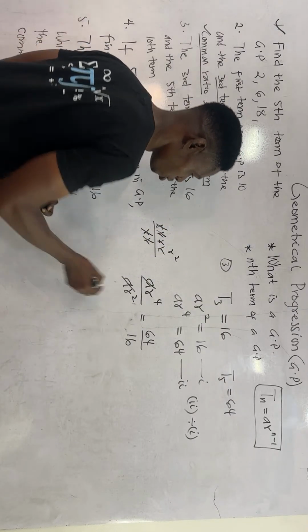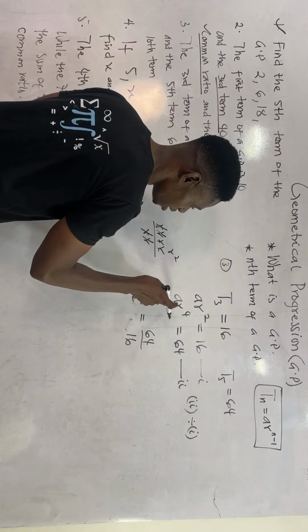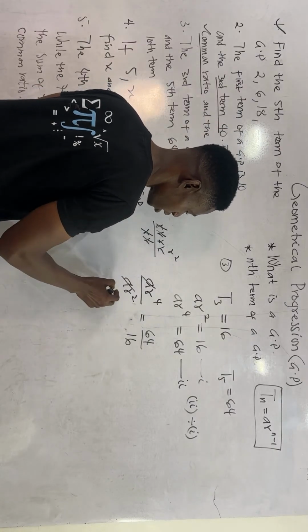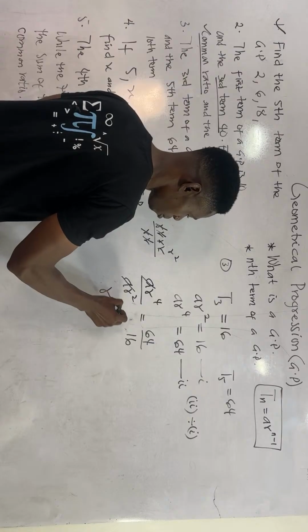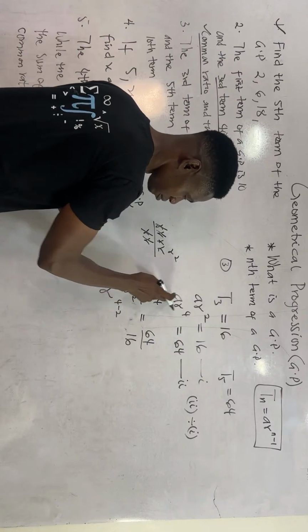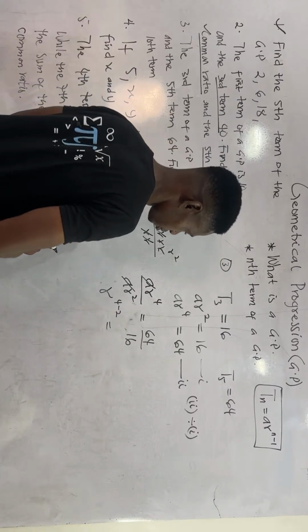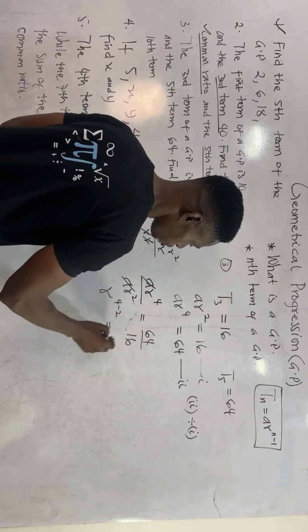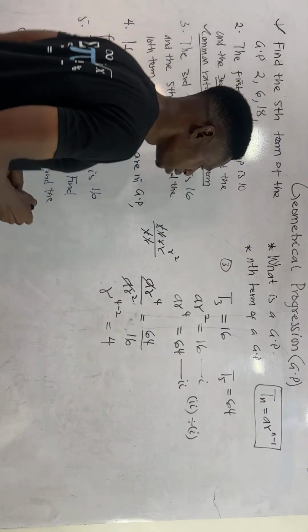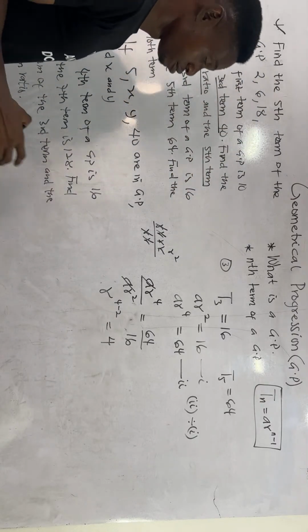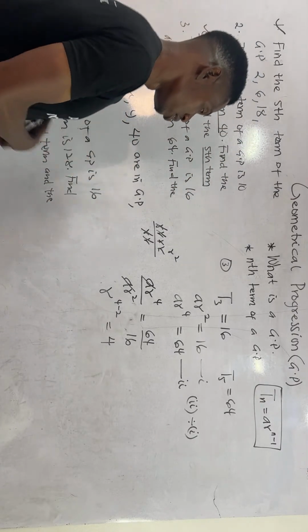Or you simply do R to the power 4 minus 2, which is R squared. On the right-hand side, if you divide 64 by 16, you get 4, because 16 times 4 is 64.